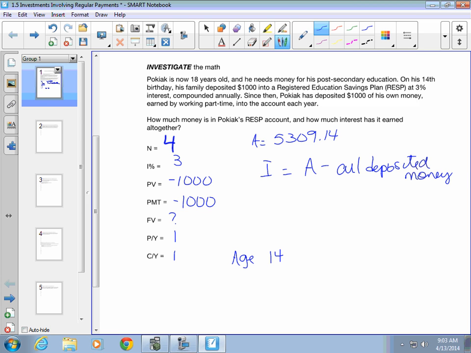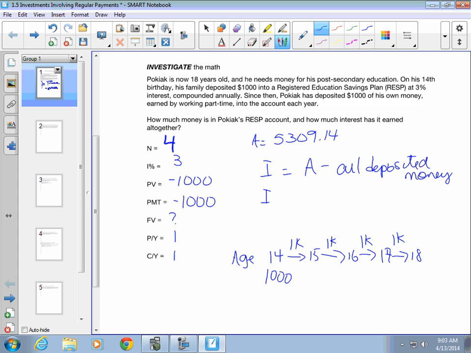He had $1,000 put in by his family at age 14. From the time he was 14 to 15, he put in 1,000. 15 to 16, he put in 1,000. 16 to 17, he put in 1,000, and then 17 to 18, he put in 1,000. So he's put in $1,000 every year, plus that initial $1,000 that his family invested for him.